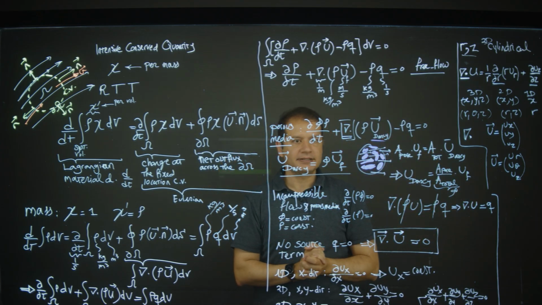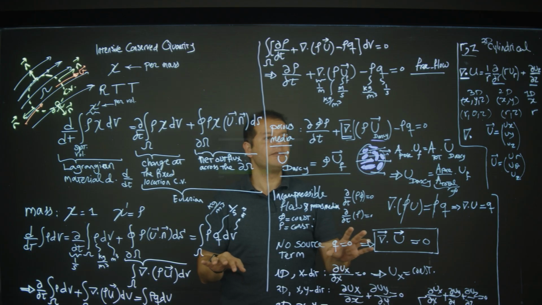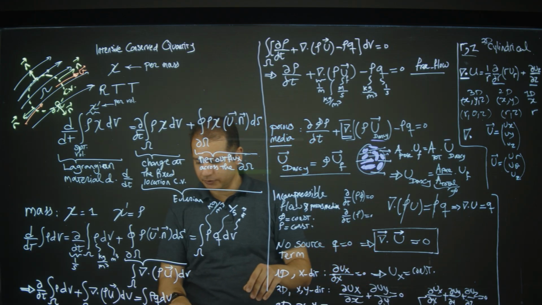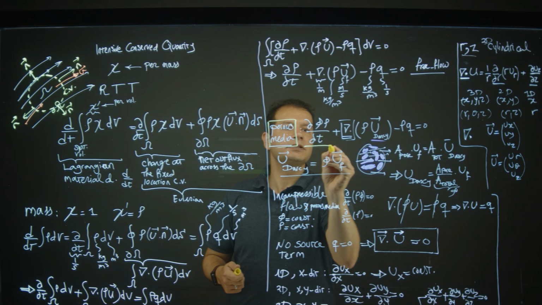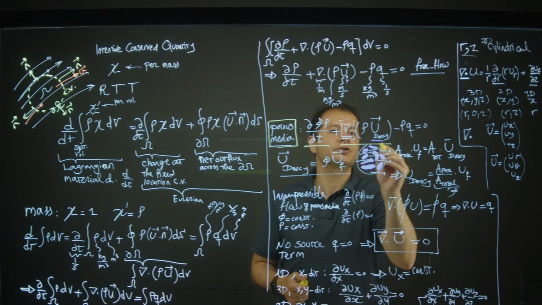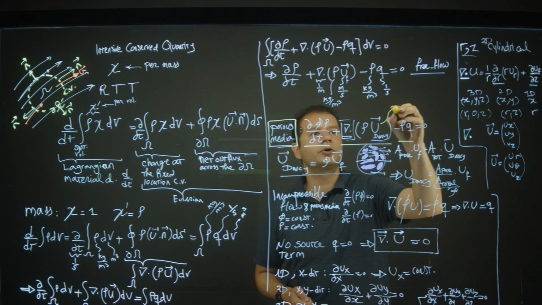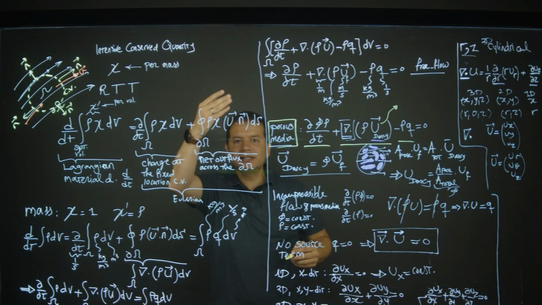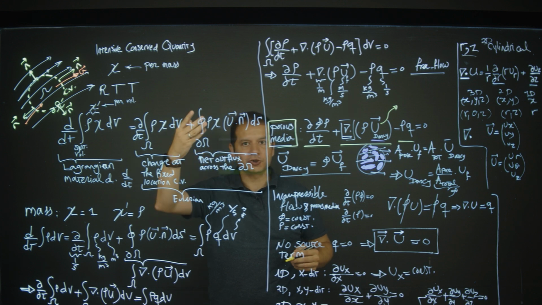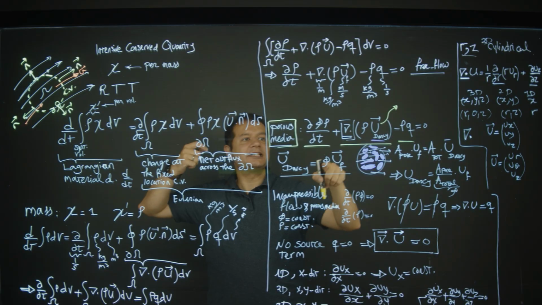And what else I can say is that for porous media, this is my porous media equation, which is this, and I have divergence of rho u and rho q. I know that u Darcy is proportional to the pressure gradient by Darcy's law, which is minus k over viscosity times gradient of pressure or potential.